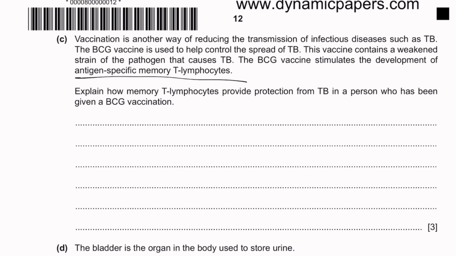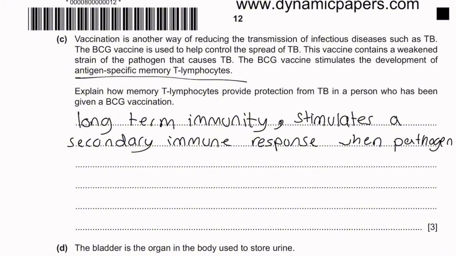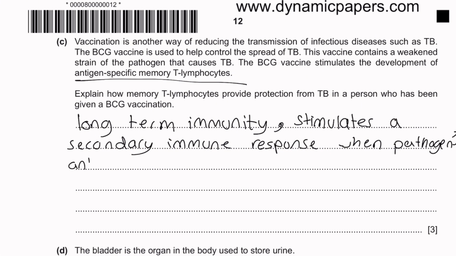So as we mentioned, long-term immunity, where basically the long-term immunity stimulates a secondary immune response when the pathogen's antigens are recognized by the memory T lymphocytes.